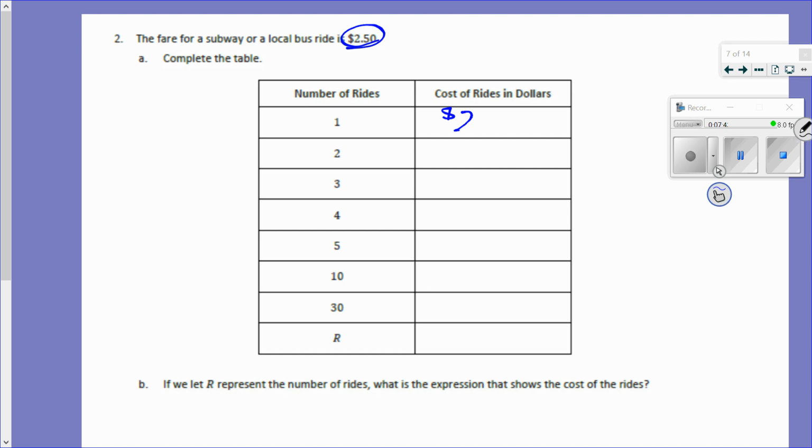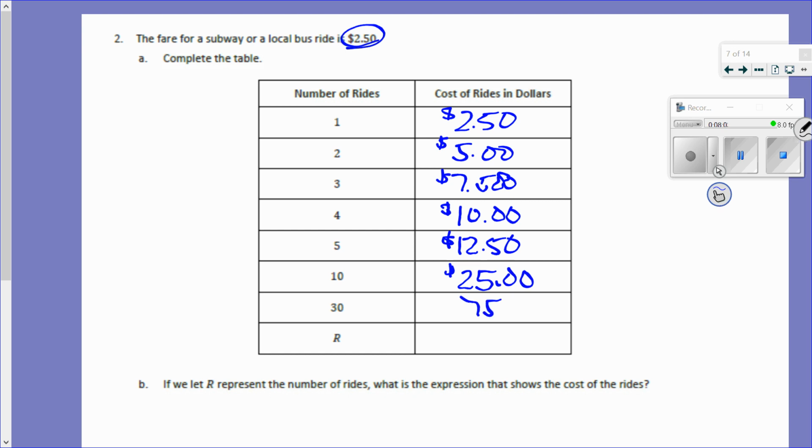What if I do 2 rides? $5. $7.50. $10. $12.50. $25. Good. Then 3 times that, so that's going to be $75. And then R. So my R, to get to this side, I'm multiplying that by 2.50.